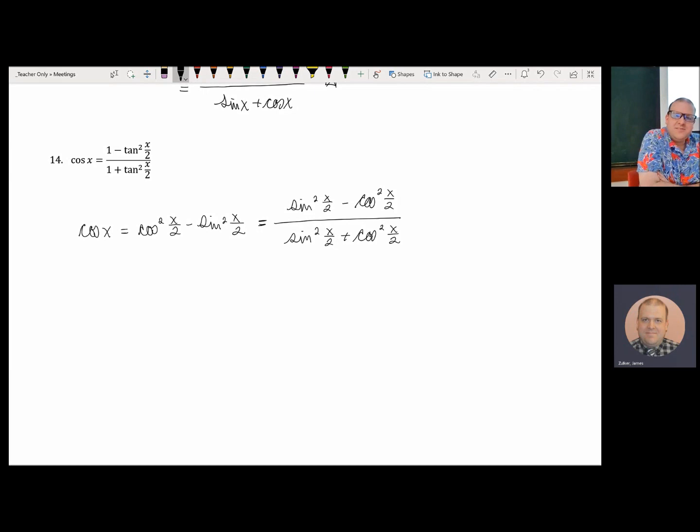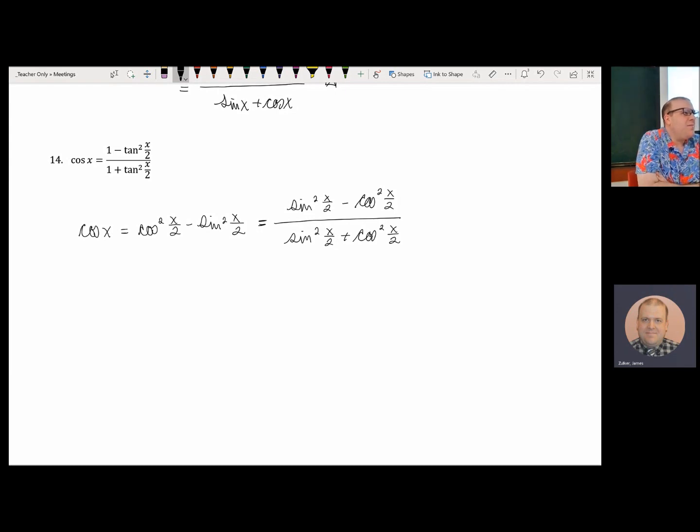Wait, back up a step. I'm sorry. Where did you get from cosine x to cosine squared of x over 2? I used the double angle identity for cosine, the first one. Cosine of 2 theta is cosine squared theta minus sine squared theta, right?